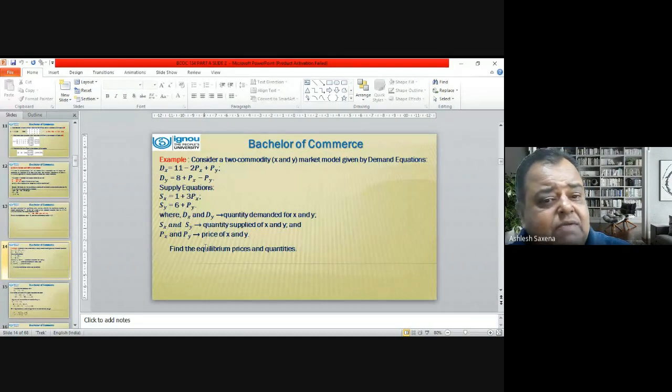And your supply equations will be in terms of S and P. Sx is equal to 1 + 3Px, and Sy is 6 + Py, where Dx and Dy are the quantities demanded of X and Y, Sx and Sy are the quantities supplied of X and Y, and Px and Py are the prices of X and Y. Now, we have to find the equilibrium prices and quantity.